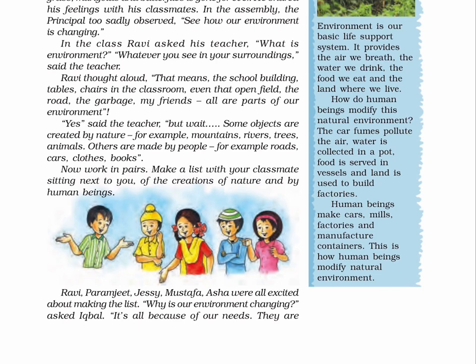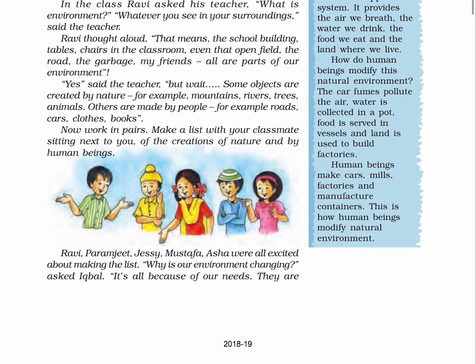Some objects are created by nature. For example, mountains, rivers, trees, animals. Others are made by people. For example, roads, cars, clothes, books. Now, work in pairs. Make a list with your classmate sitting next to you of the creations of nature and by human beings."